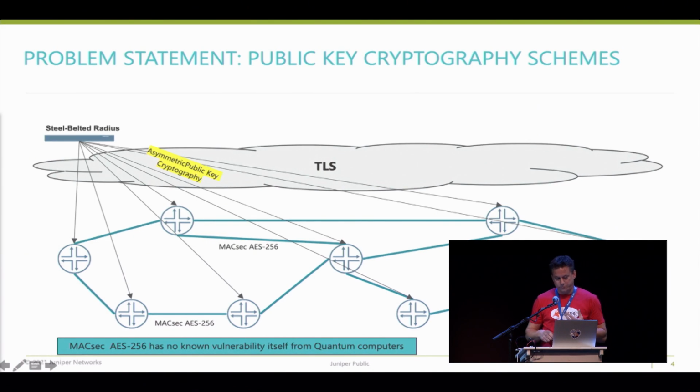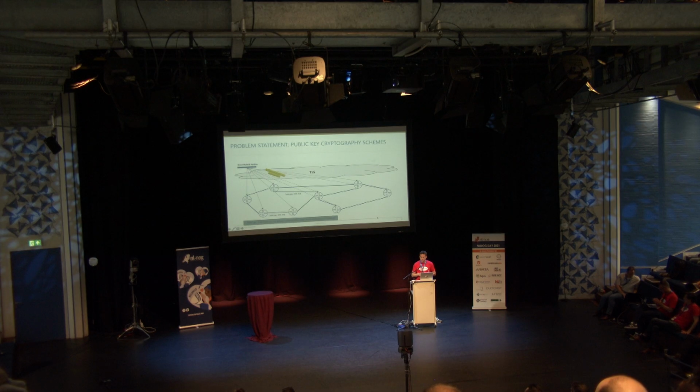So let's first start with the problem statement. Why is QKD interesting and what problem does it solve, right? If we assume that at one point a quantum computer does become commercially available, the way quantum computers work, they can really easily, that's the expectation at least, factor prime numbers.